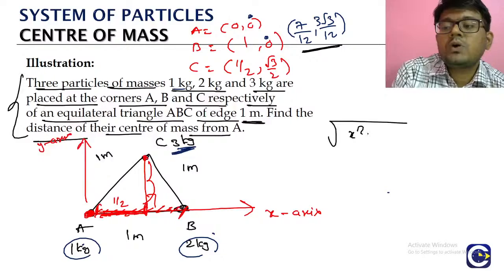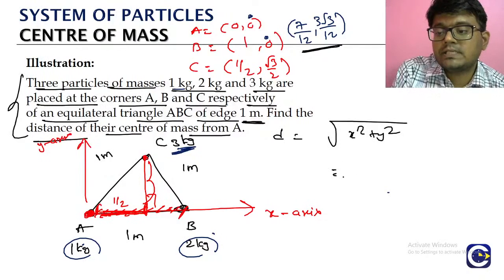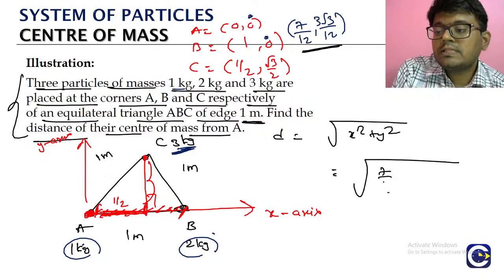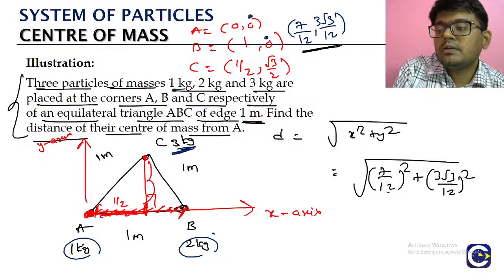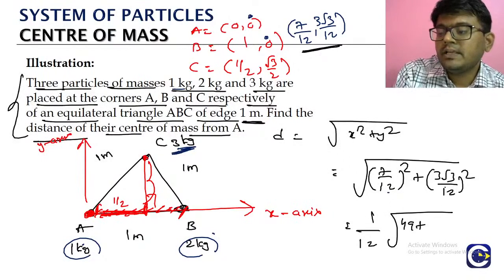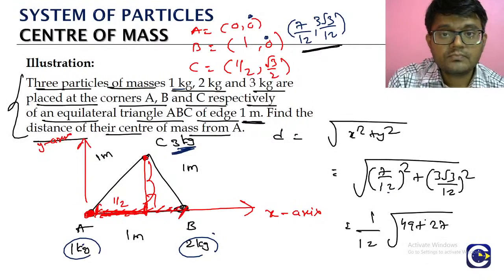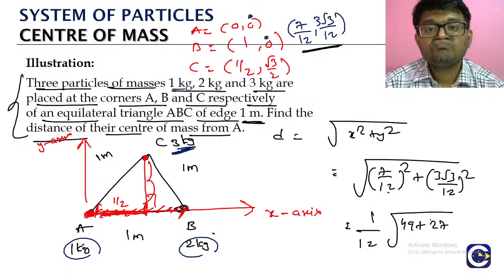What is the distance of any point from the origin, if you have the x coordinate and y coordinate? Root of x coordinate square plus y coordinate square, right? Which is root of 7 by 12 the square plus 3 root 3. 12 will anyway come out. 7 square is 49. 3 root 3 square is 27, because 3 root 3 is root 27.